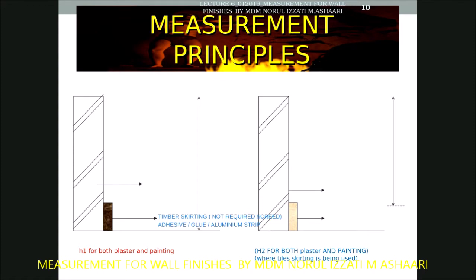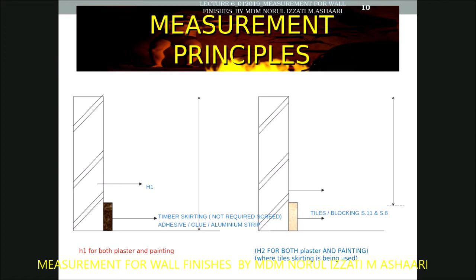But what if you have skirting that is made from tiles or blocking? This is blocking under S.11 and S.8. You can see that behind this tile there is screed. So if there is screed, this definitely will affect the height of the wall finishes.